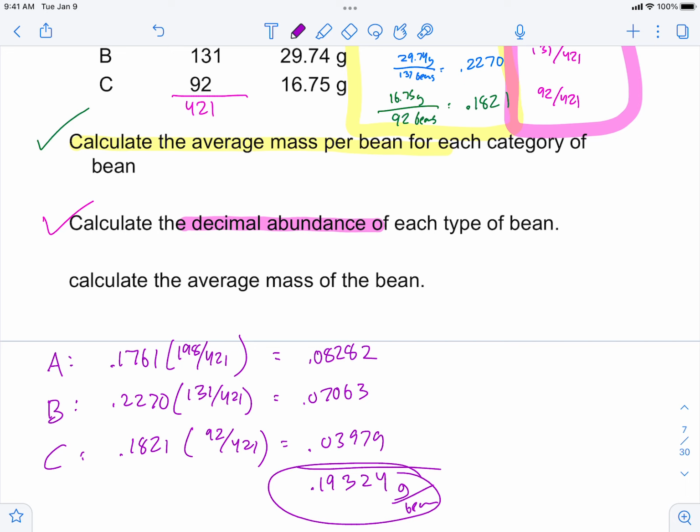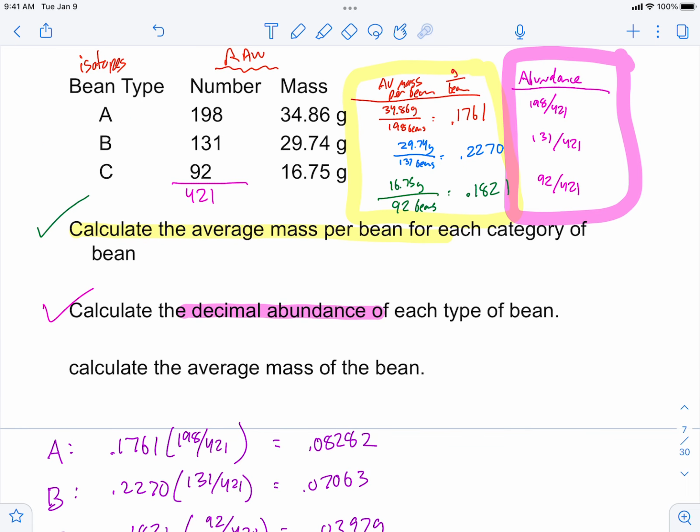Okay, this method of tabulating these values from raw data, this is exactly what you're going to be doing in the Beanium lab. You are going to get a sample of beans. There's going to be different types in there. The first thing you need to do is sort them into different categories. And then you need to count how many there are in each category. You need to establish your count, right? And then you're going to need to find the total weight.